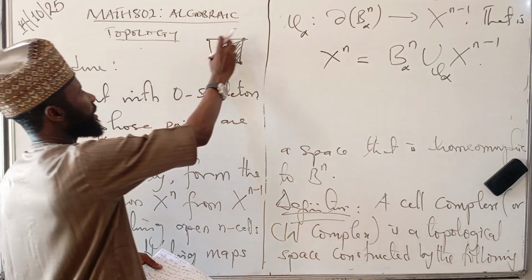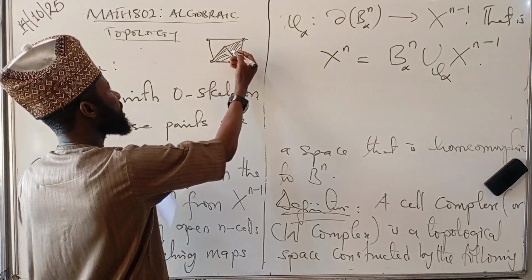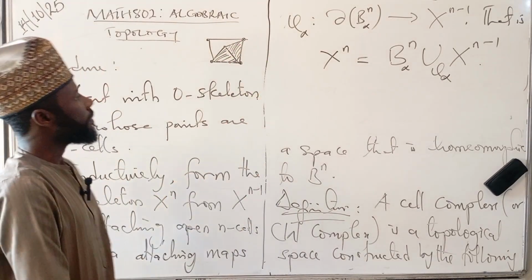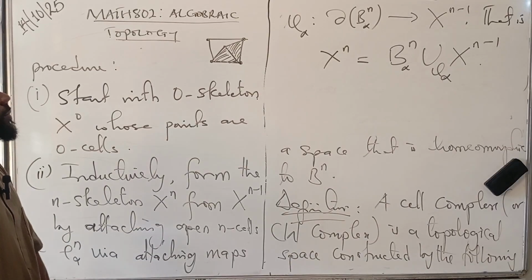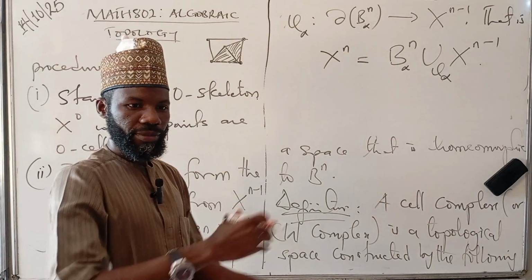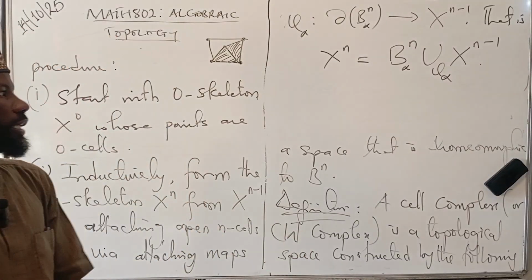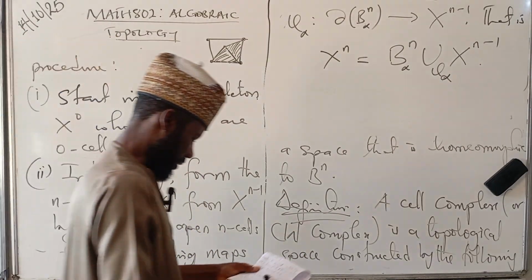And then at the boundary of the open disk, you can still attach balls of dimension 3. You keep developing this space like this. So this is how you do it.